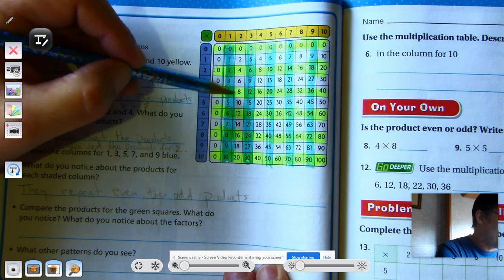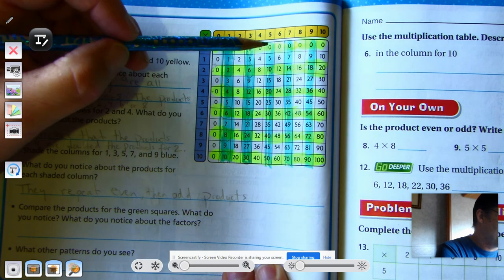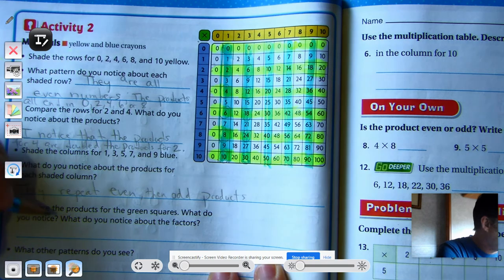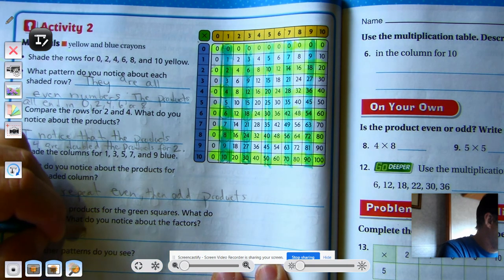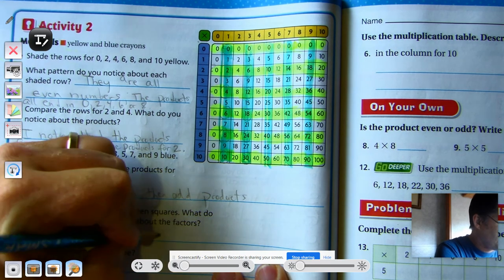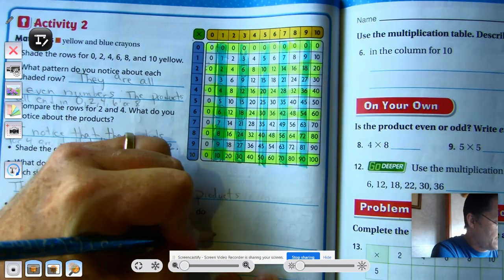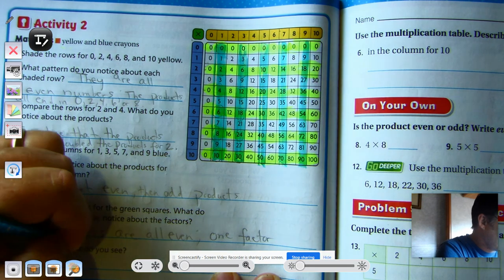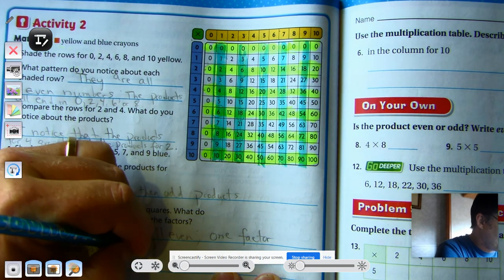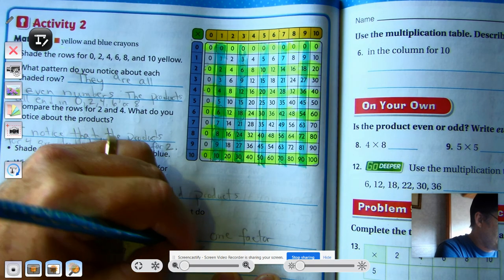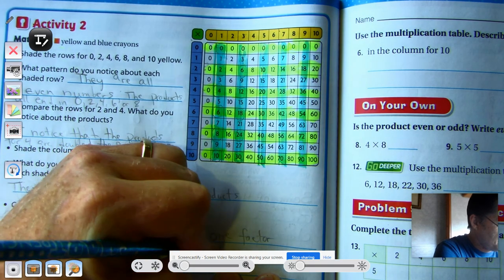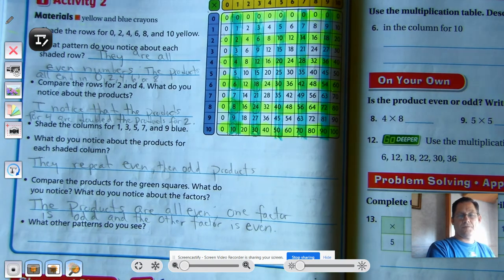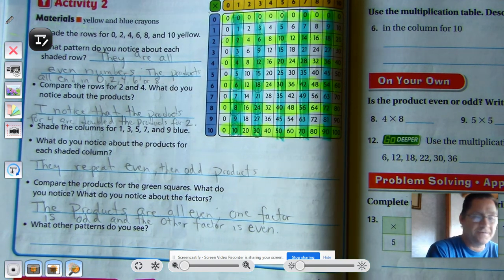And the answers are all even on the greens. Okay, the products are all even. One factor is odd, the other factor is even.